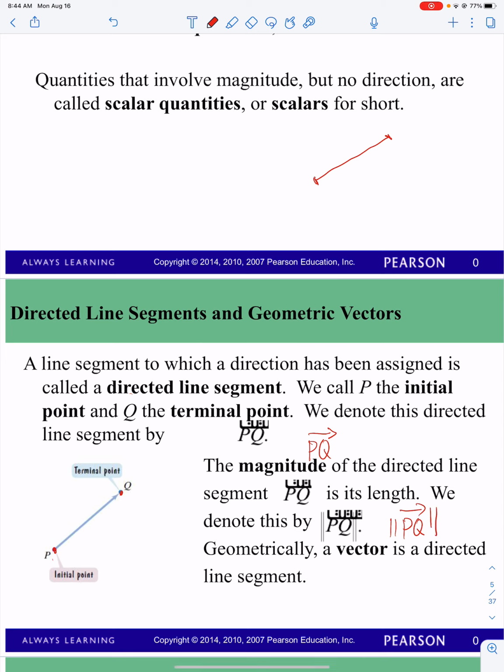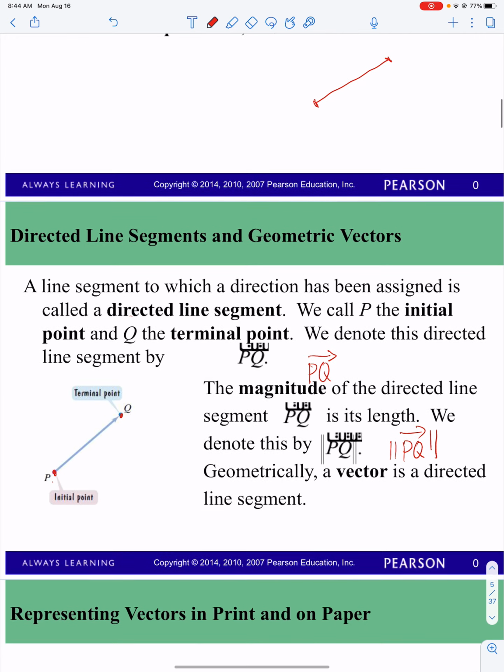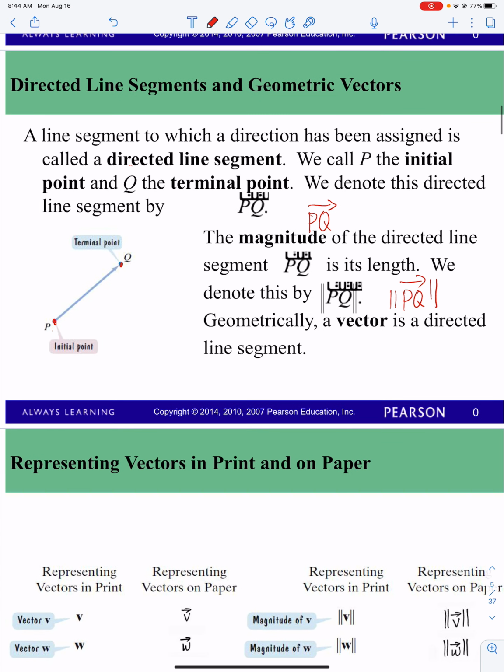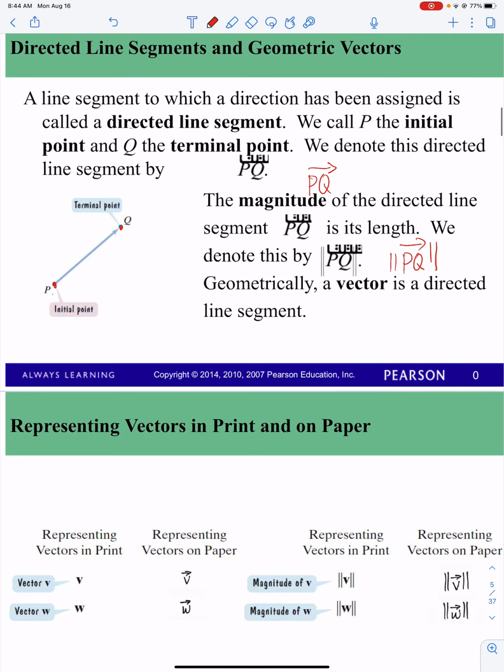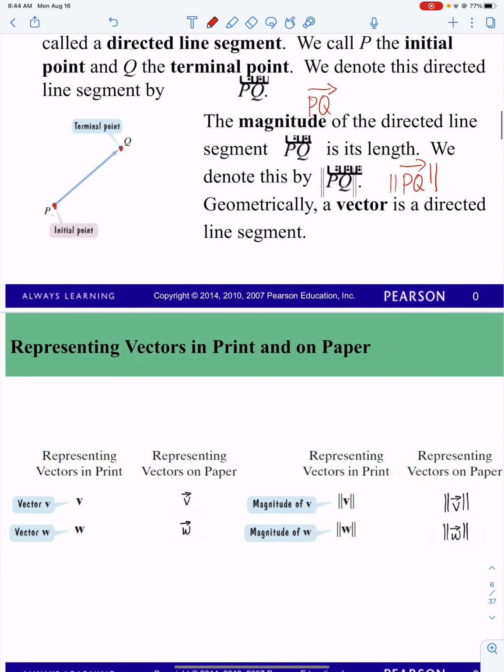So a vector is directed, from the initial point to the terminal point. This is how we write it. In print you can use bold to represent vectors, but when you write it by hand, how could you make it bold?